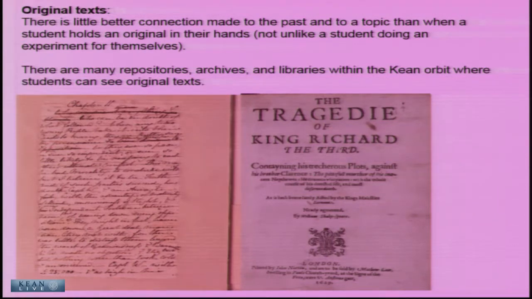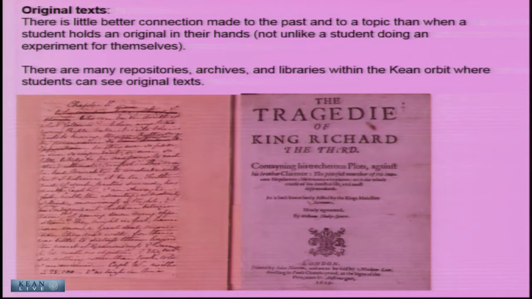Now, as I said before, historians, we're fixated on original texts. We always insist to students to go for as close to the originals as possible. And there is really little better connection to the past than being able to physically touch original text, letters, or even objects that were used by the people or the discipline that you're talking about.